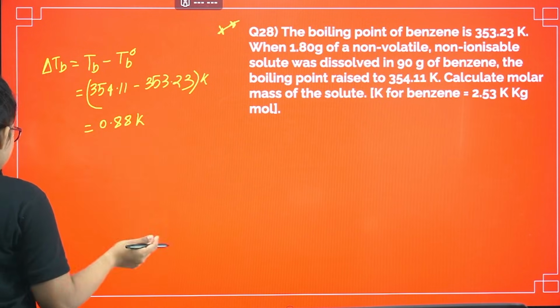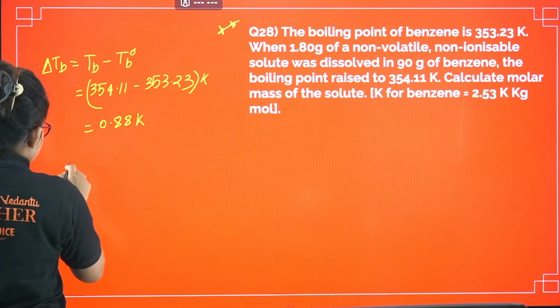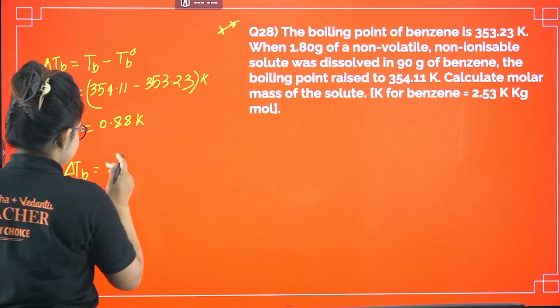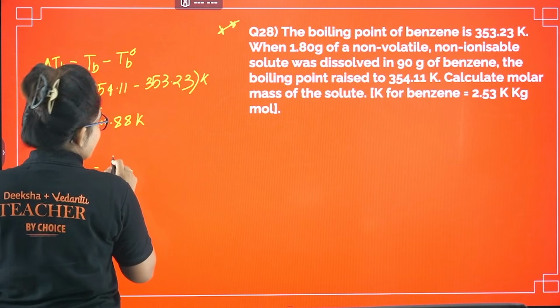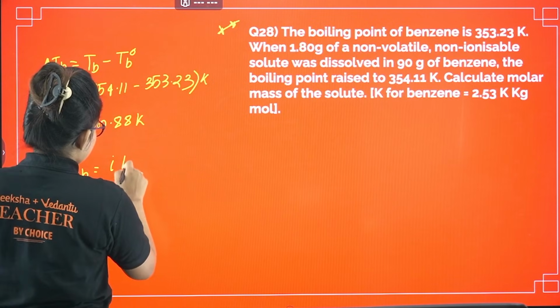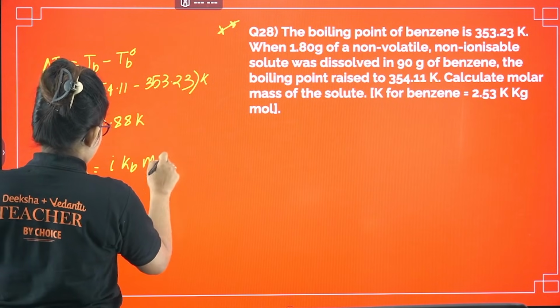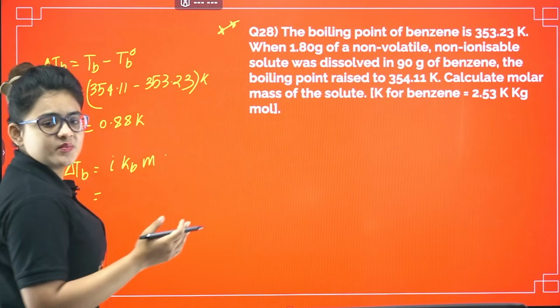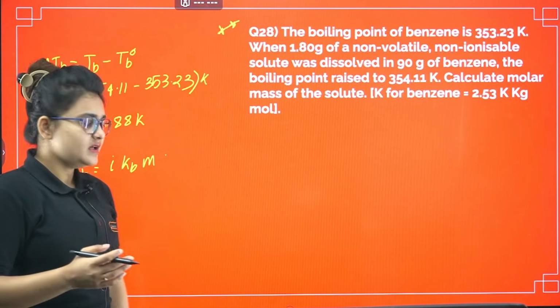Now if you just put the formula, delta TB is basically equals to I into KB into M. Further, I value will be 1 because benzene is non-ionizable, right?